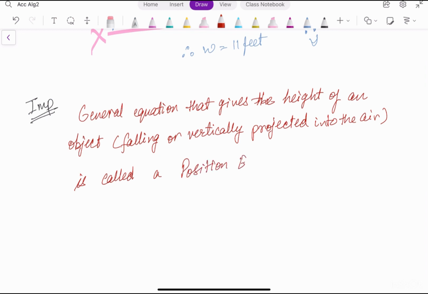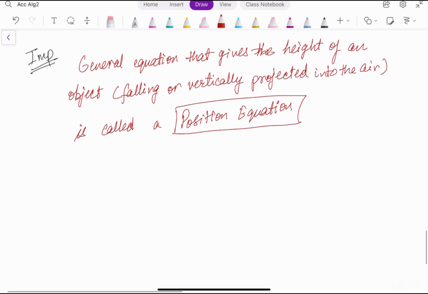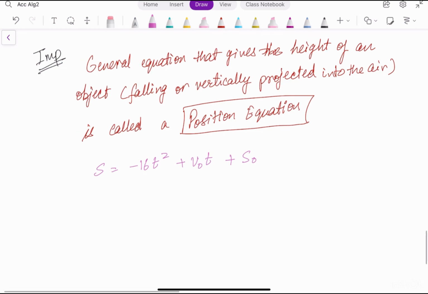You can write this equation as, now watch carefully, S is equal to negative 16t squared plus V0 t plus S0. There are so many new terms. Let's understand.